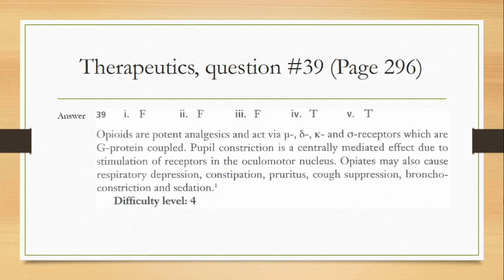And when you read the explanation in the answer, it says that opiates may also cause respiratory depression, and the answer says that statement 3 is false, while it should be true. And opiates may also cause constipation instead of diarrhea, meaning that statement number 4 should be false instead of true.